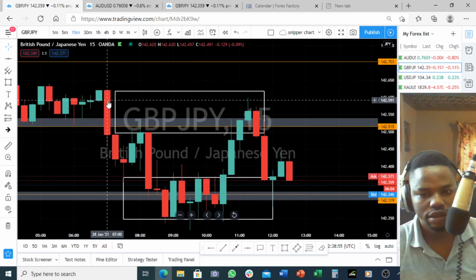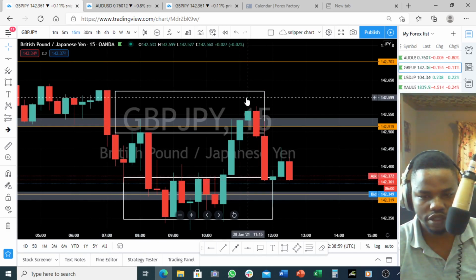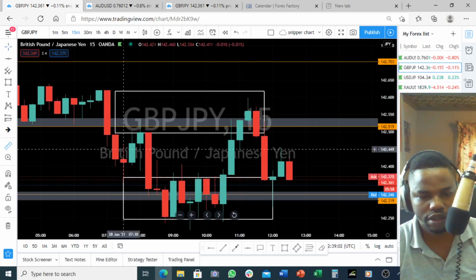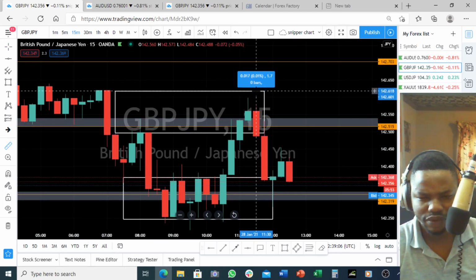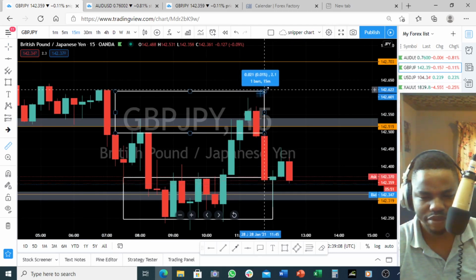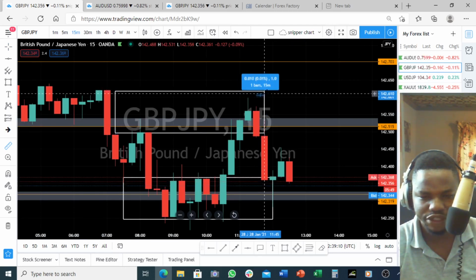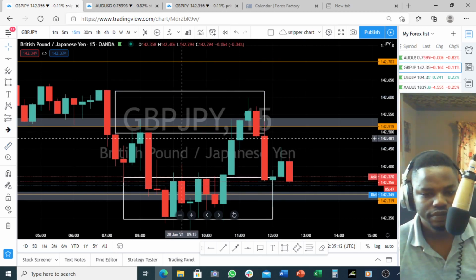It does reject with small pips, few pips, 3 pips. My theory, 3 pip rejection. At this time, it was about a 1 pip rejection, then a 3 pip rejection.